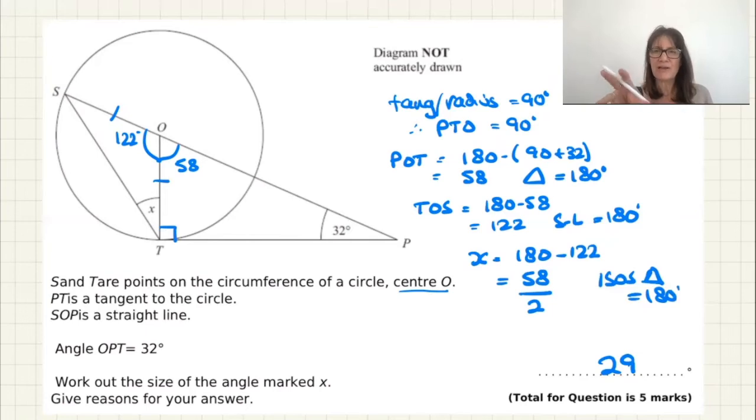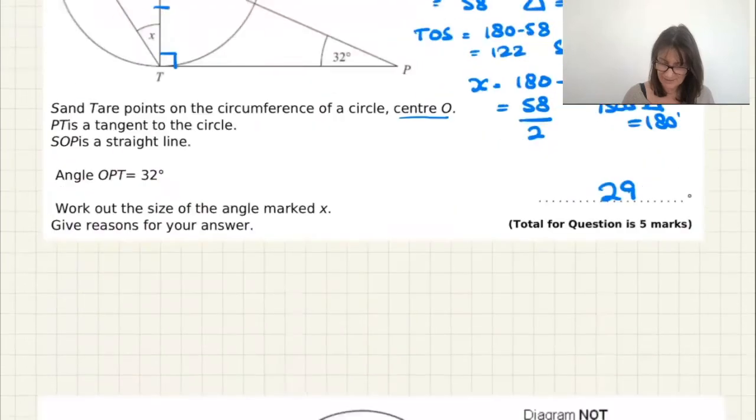So when you look at that, this was from a past paper that was 5 marks. Nothing there was too complicated. Most commonly when I see this, people just don't write their reasons down. They get so, I think, engrossed in the problem solving of the angles themselves, they forget to write the reasoning. So I stress that, as you can tell.